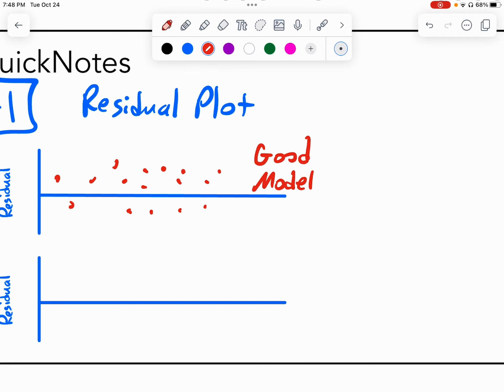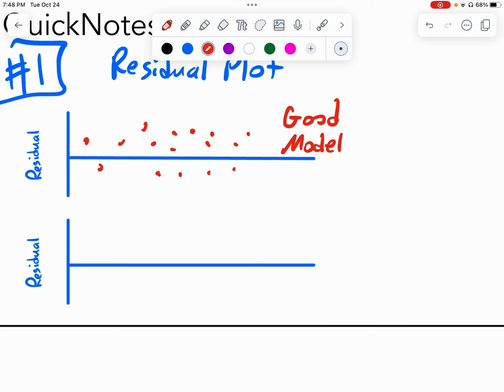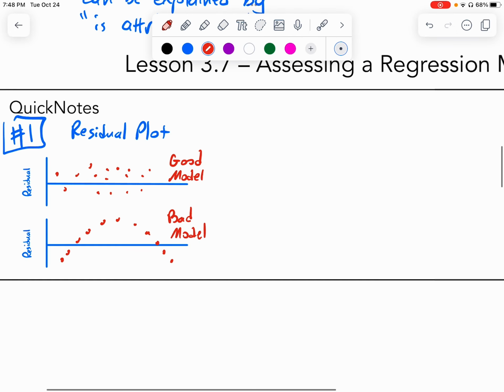If you had something that made a frown, something akin to a frown or a smiley face, this is a bad model, meaning that you should do a different type of regression. Maybe from linear, you could switch to exponential. So this would be equal scatter, no pattern is another way to say this.